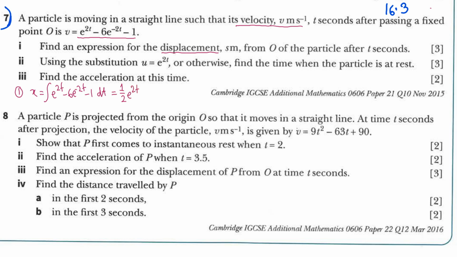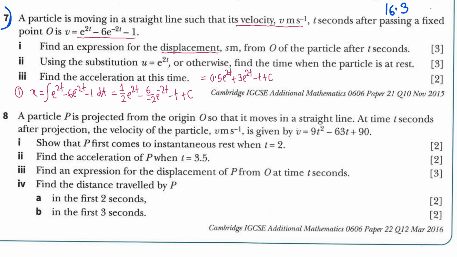Then again the coefficient of t is minus 2, so we write minus 6 divided by minus 2, e to the power minus 2t. And 1 is a numerical value, so we integrate it to t, then we have to write plus c, the integration constant. So next we can write 0.5 e to the power 2t, simplifying that part, plus 3 e to the power minus 2t, minus t, plus c.